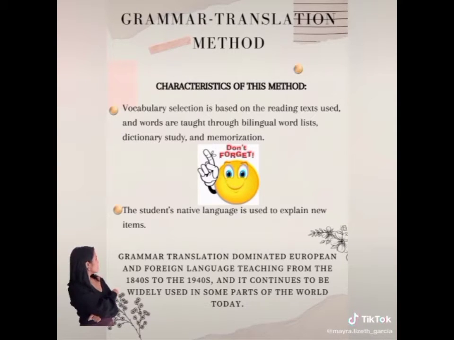The student's native language is used to explain new items. Grammar translation dominated European and foreign language teaching from the 1840s to the 1940s, and it continues to be widely used in some parts of the world today.